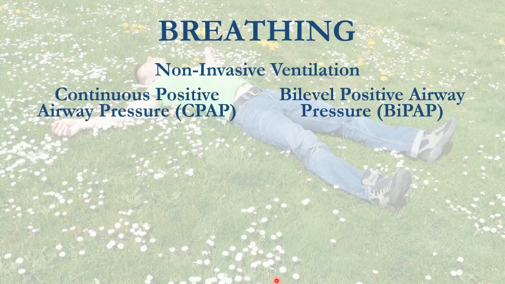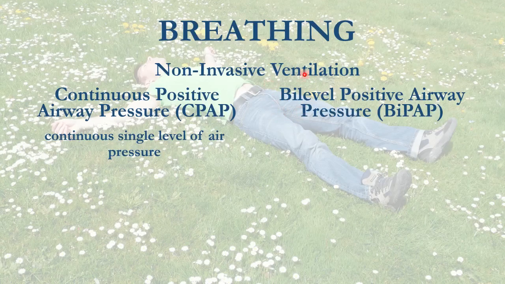What's the key difference between the two? Your CPAP delivers a continuous single level of air pressure, while your bi-level positive airway pressure delivers two levels of air pressure. That's why it's called BiPAP, bi-level.